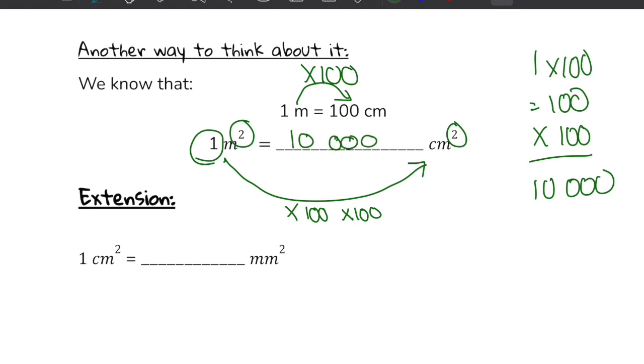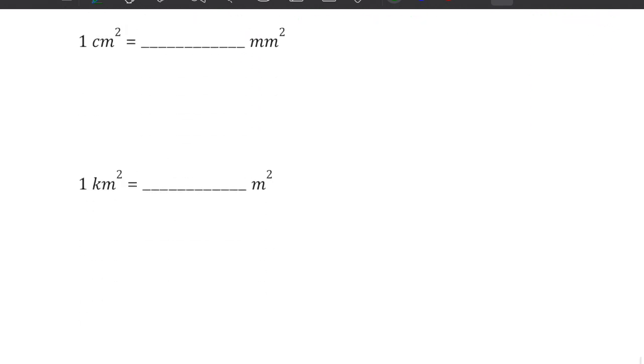So now let's extend that to other units, such as square millimeters, square kilometers, and so on. So let's say I have 1 centimeter squared and I would like to convert it to millimeters squared. Just like we did earlier, we're going to find the known conversion fact that relates centimeters and millimeters. I know that 1 centimeter is equal to 10 millimeters, and that's from our formula sheet.